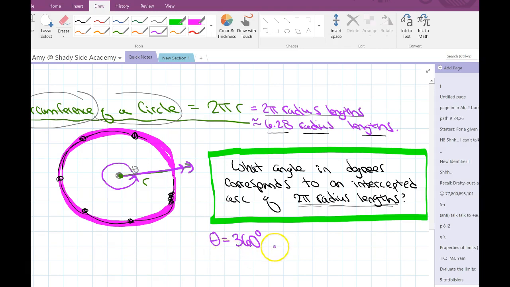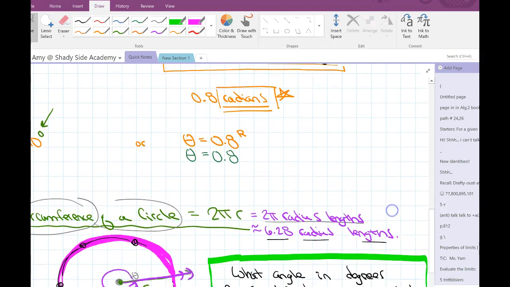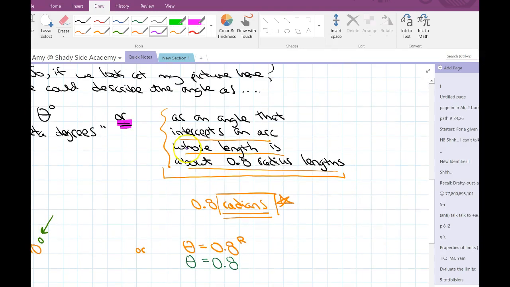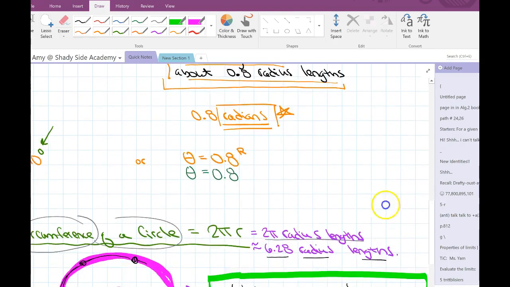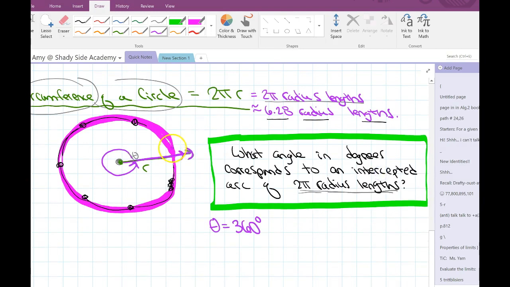What angle in radians corresponds to 360 degrees? Let's go back. Radian measure means the length of the arc in terms of the number of radius lengths. How many radius lengths are in this arc? 2 pi. So theta equals 360 degrees is equal to theta equals 2 pi radians.